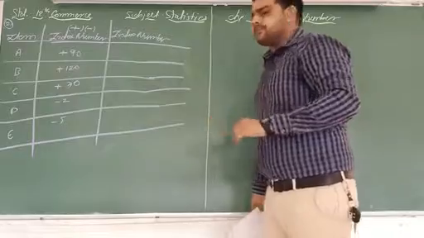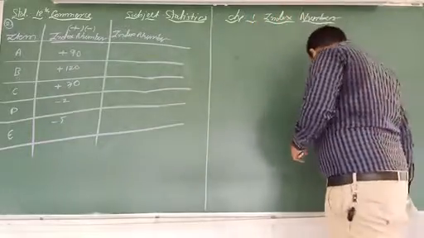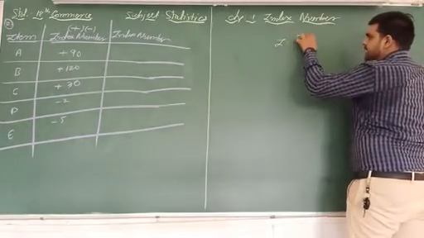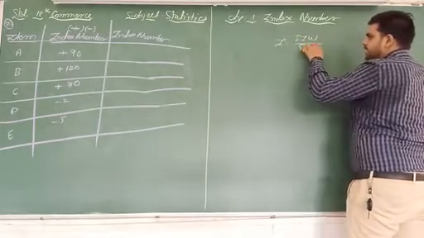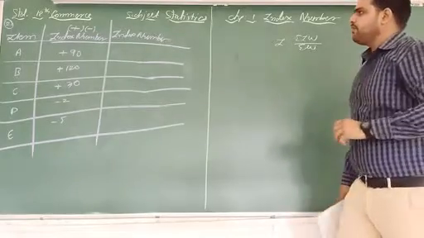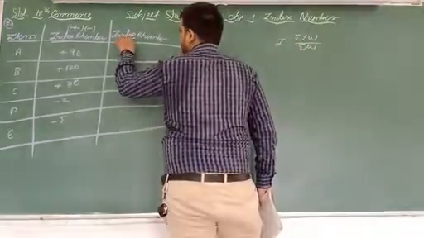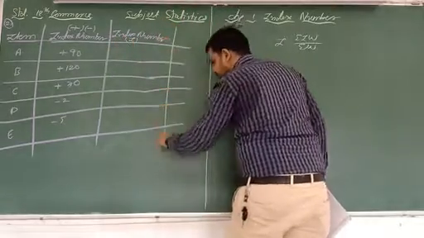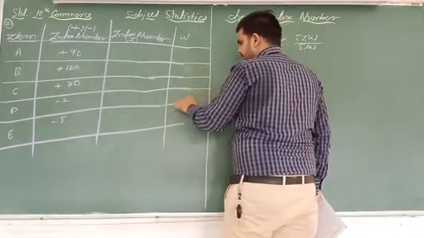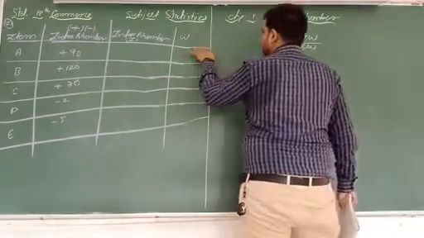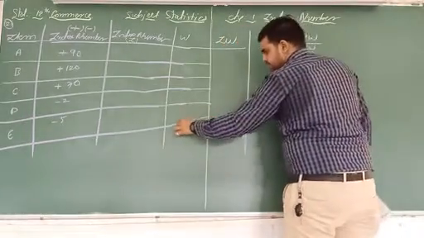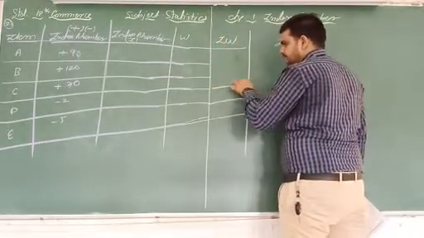So first of all we have to find the general index number. What is the formula of general index number? I is equal to sigma IW upon sigma W, because weight is given. So what we have to do? Index number I is here, then we have to find W, and in the last again we have to find IW. In this way we have to complete our example.